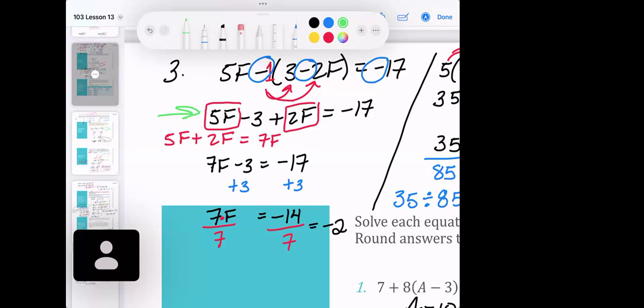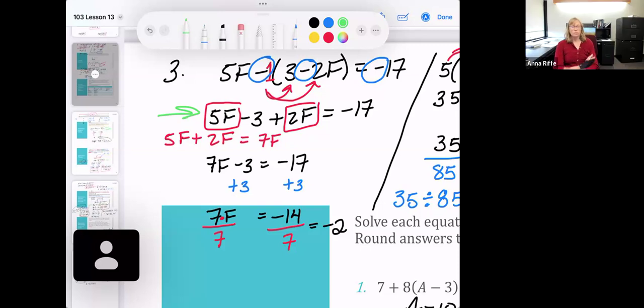It might get more complicated in the next chapter, because if there was, say, a division in there like 5f divided by 3, you'd still have to do the multiplication and division to get rid of the parentheses. It all kind of happens at the same time. We would still do the multiplication and division first in that case, yes.